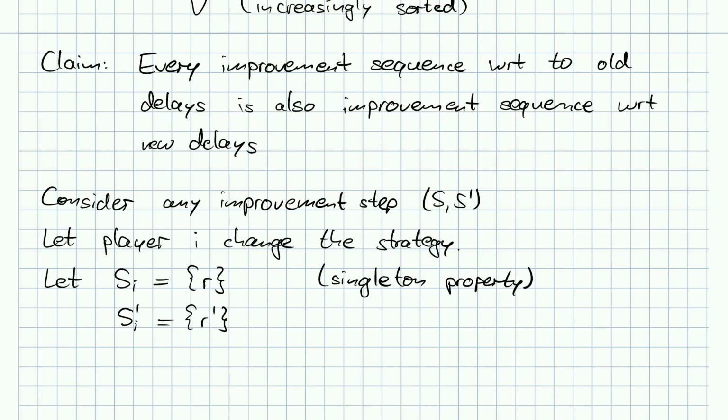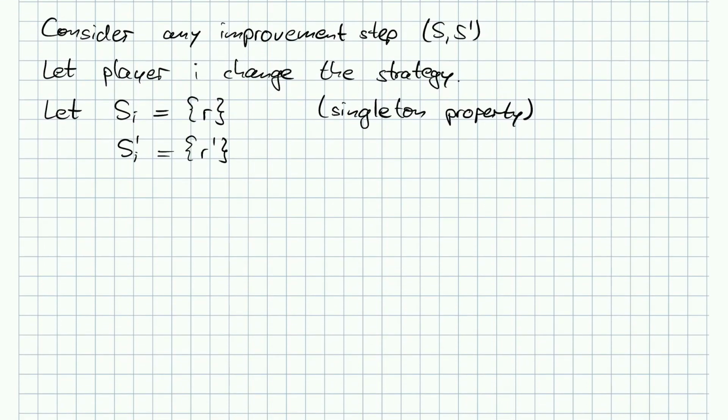So now this makes it much easier to rewrite the cost of this player before and after the change. The cost before is exactly the delay of resource r when there were n_r of S players using this resource. Usually we would have a sum here, but we don't need this sum because there's only one term in this sum anyway.